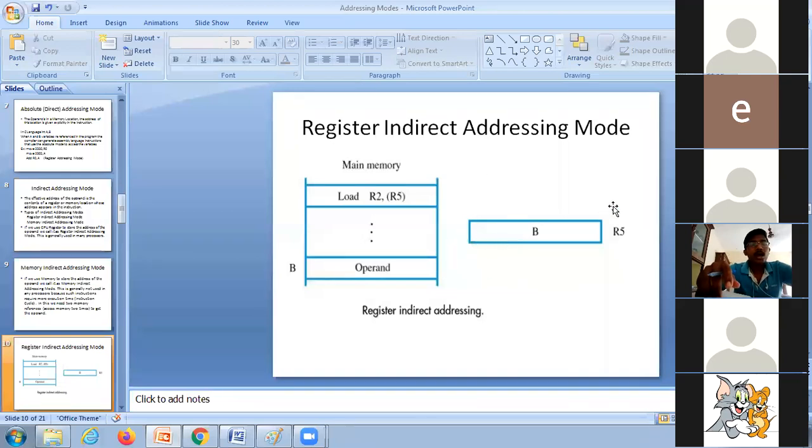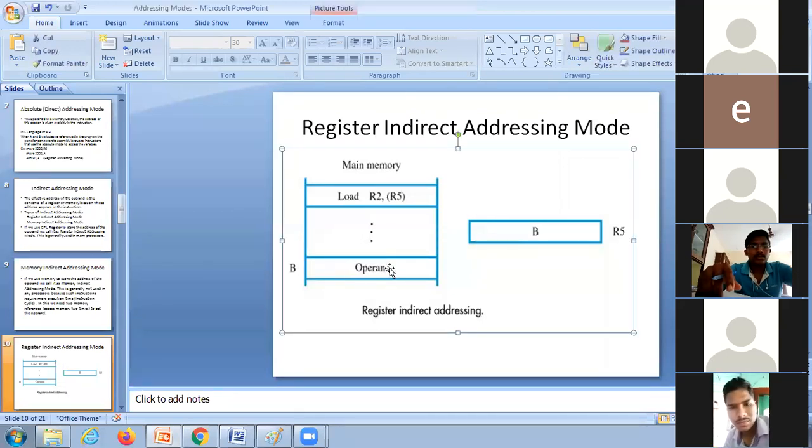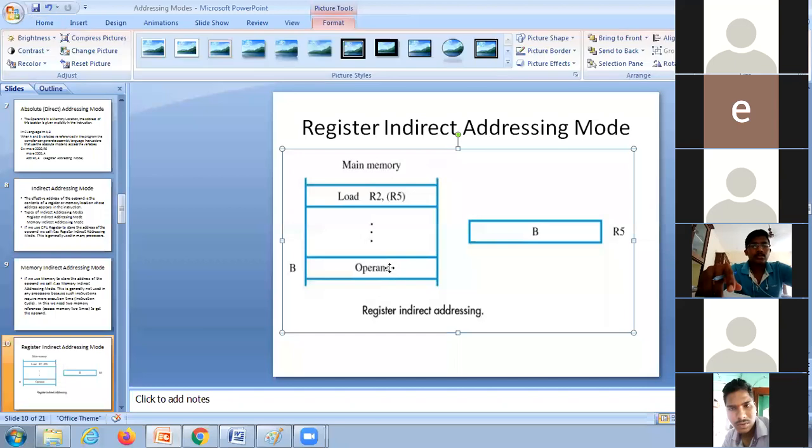Here have you drawn the R2 also? If R2 is a register which has a value of 510, then what is the value here?